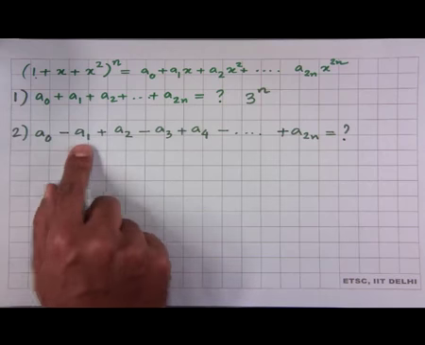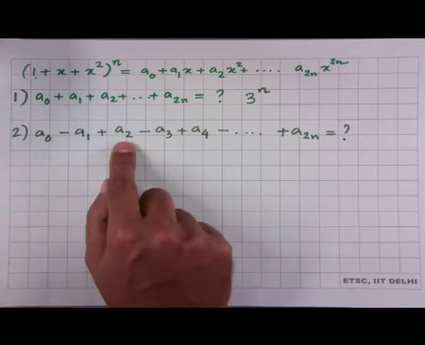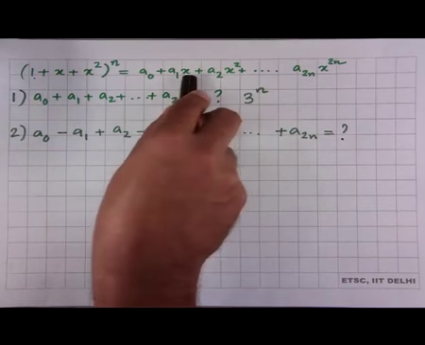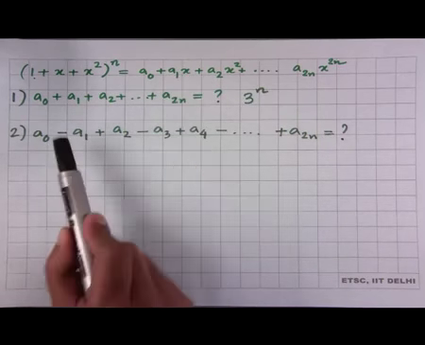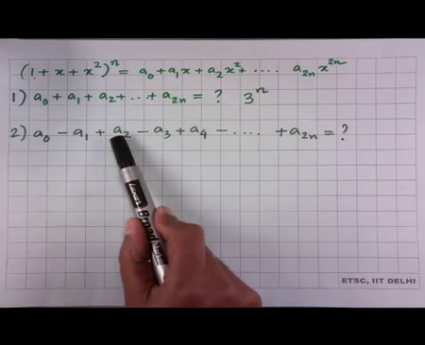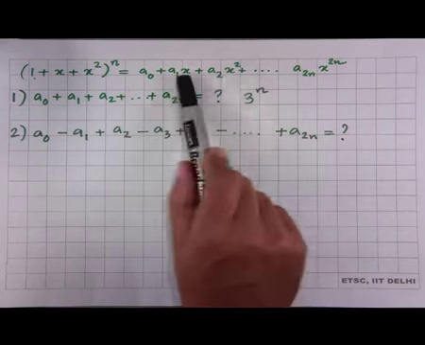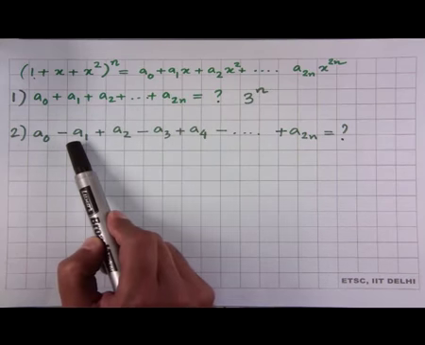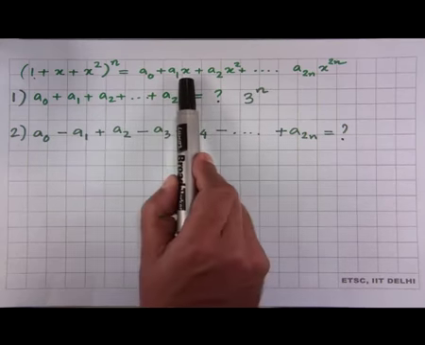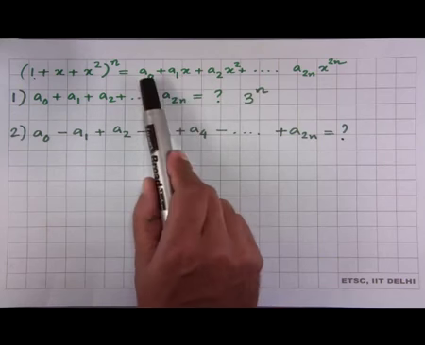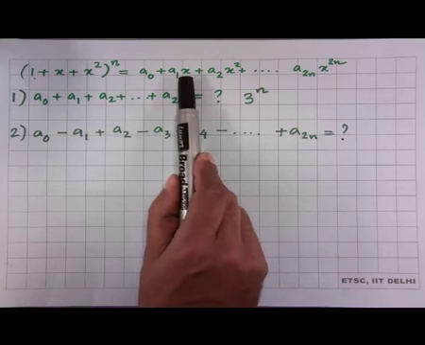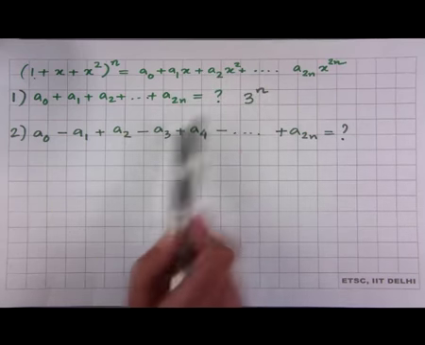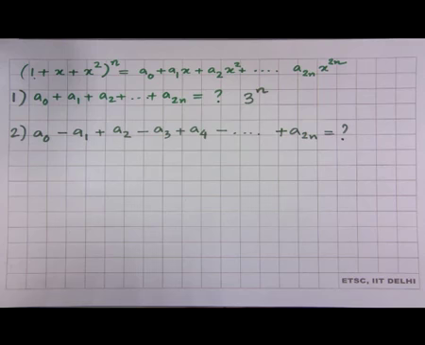a naught minus a1 plus a2 minus a3 plus a4. So this term has to be a minus, this term has to be a plus. What does it remind you of? x is equal to minus 1 will do the job, right. a naught minus a1 plus a2 minus a3 and so on and so forth.